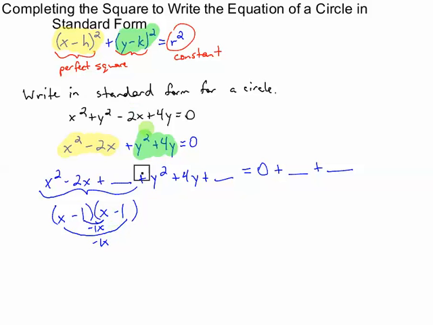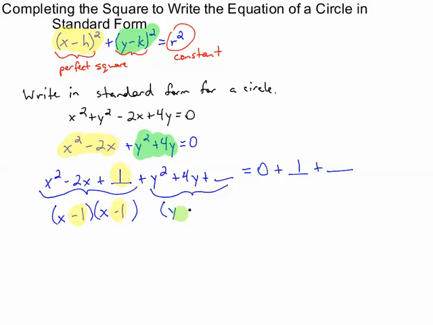Okay, so we're just completing the square here. Let me erase these negative 1x's, and now we've factored what this must be. So the constant up here comes from negative 1 times negative 1, which is positive 1. So I have to add a 1 to this first one, and I need to add a 1 over here to keep it balanced.